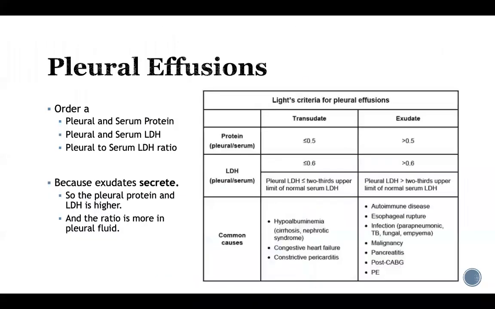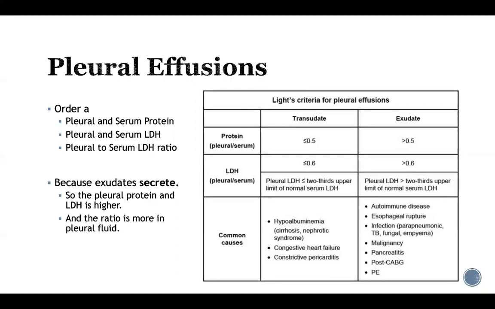Yay. Pleural effusions are a fairly important thing to know further on down the line, but at third year level, all you need to know is is it a transudate or an exudate, and how to figure out if it's a transudate or an exudate. So if it's a transudate, remember like first and second year lectures, Chris Wright going like, oh, this is the osmotic pressure or something like that.